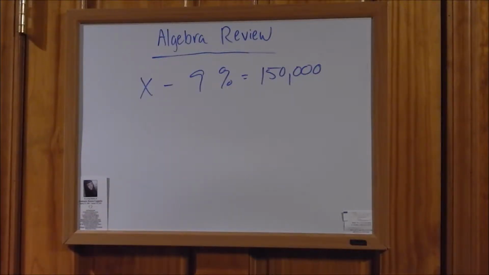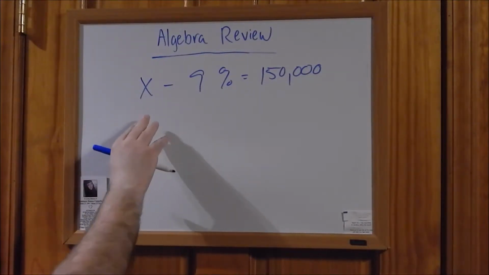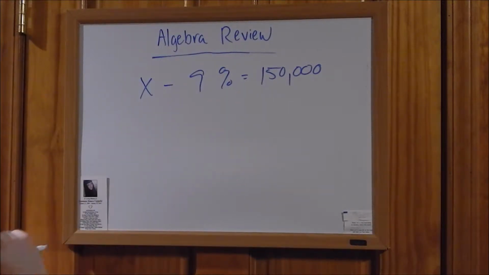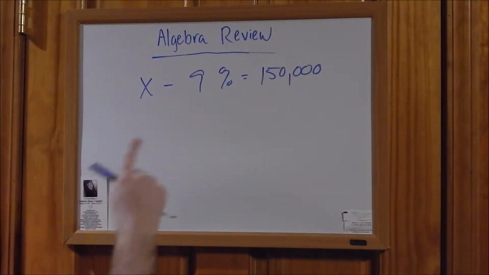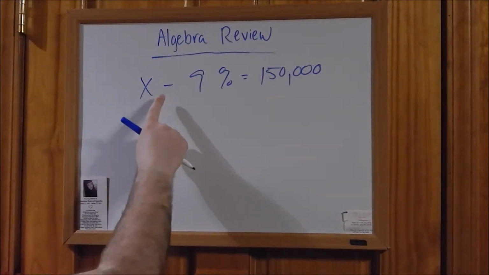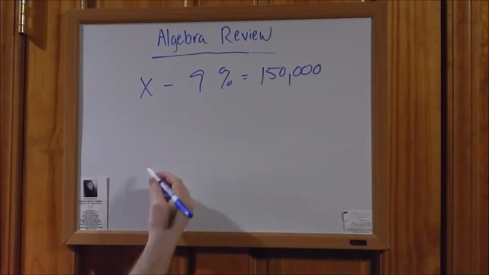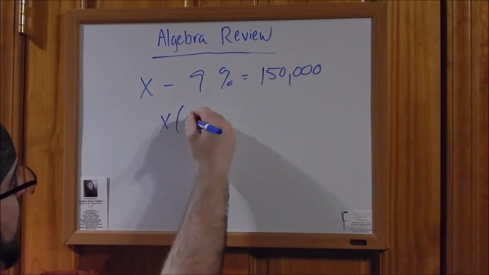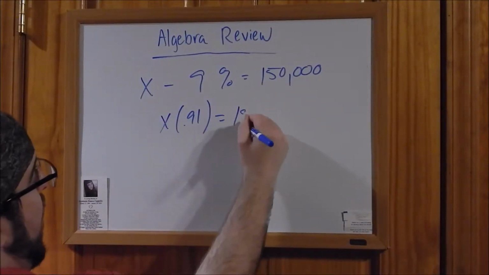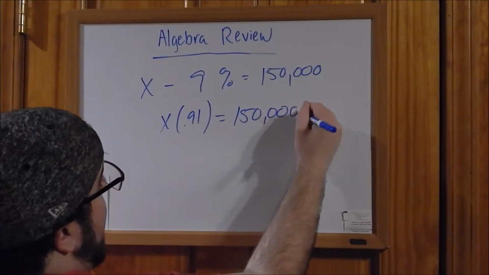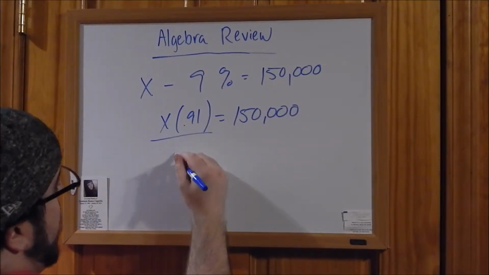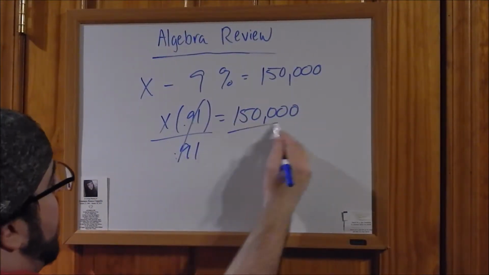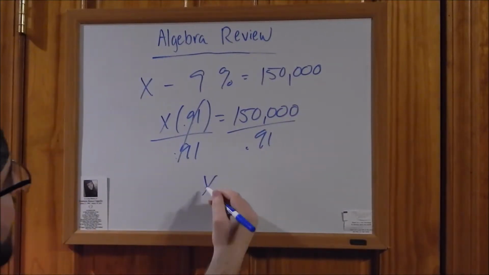Remember from our last problem, we need to be able to look at this equation and say, okay, 150,000, what does that equal out of 100%? 100% minus 9 is 91%. So we know that X times 0.91 equals 150,000, right? So then we divide both sides by 0.91 and we get our answer.